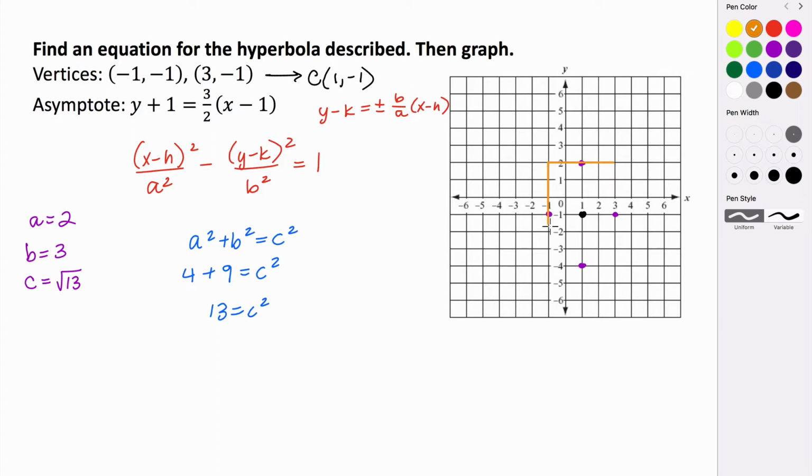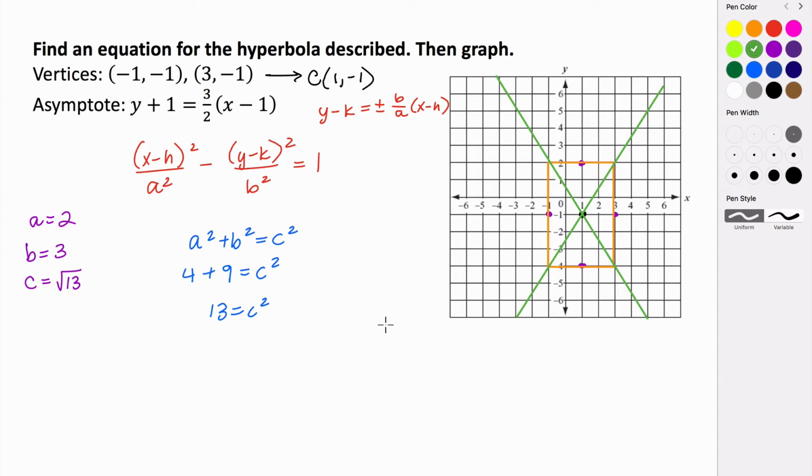It's going to go down to here, and then here, and then here. So here's the box. And we know that the asymptotes are going to go like so. So here's the asymptote there. And then we have this asymptote here that goes through our box there. So those are our two asymptotes.